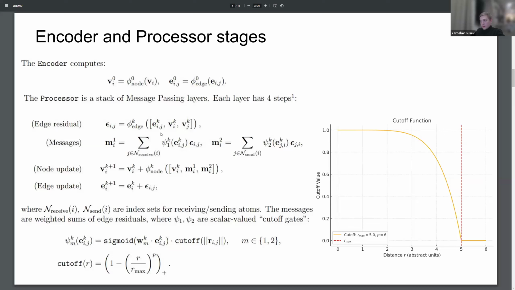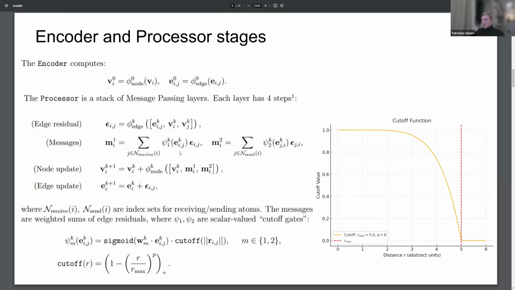So they compute the edge residual first: they concatenate the edge features in the latent space and the vector embeddings of two atoms, and that way they obtain some vector that should describe the effective interaction between the ith and jth atom.